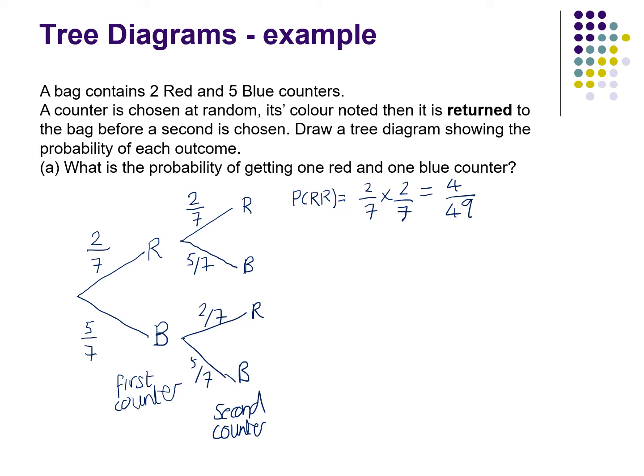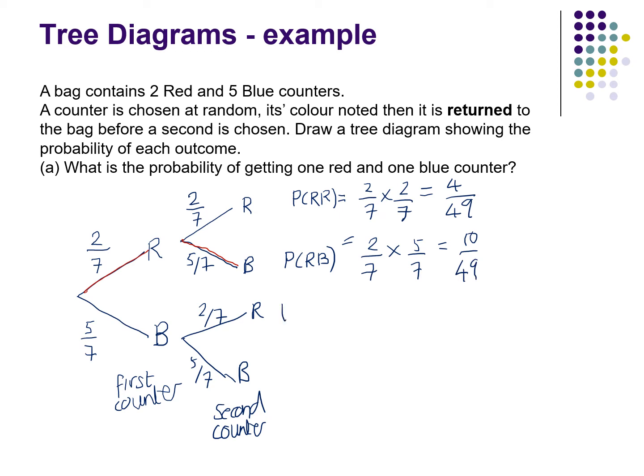Second one, probability of a red and then a blue. So that is going along these branches, red and then blue. I multiply the probabilities as I go along the branches. 2/7 times 5/7, which is 10/49.